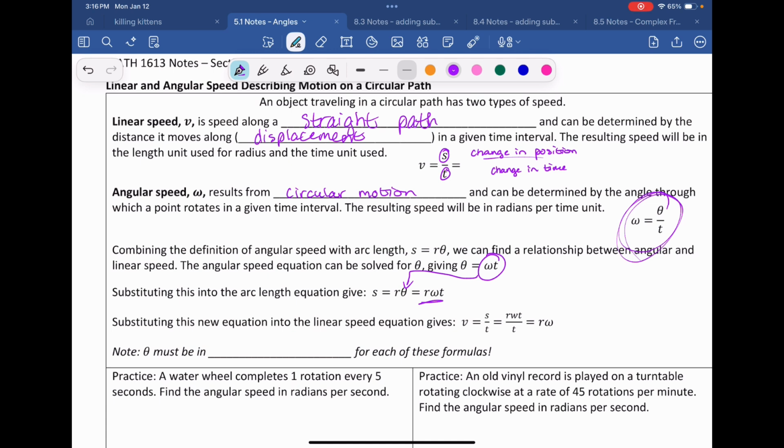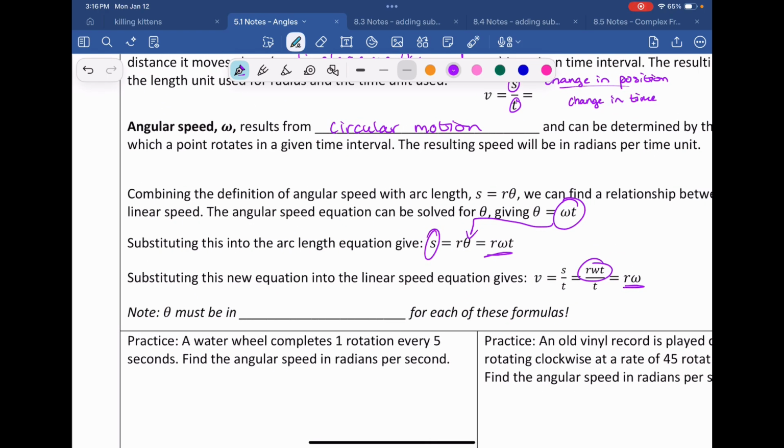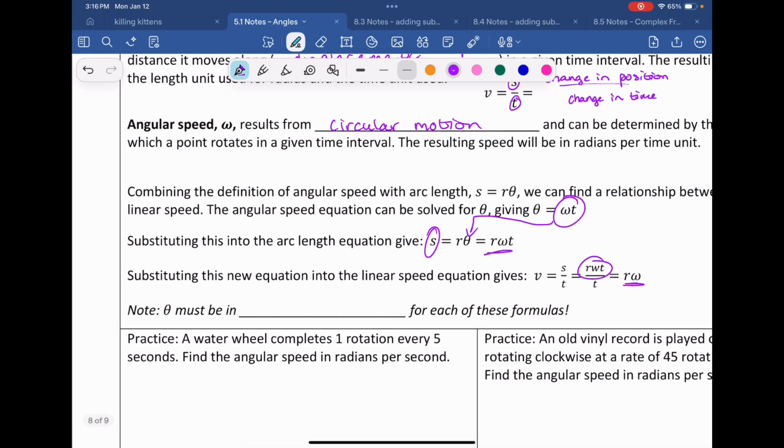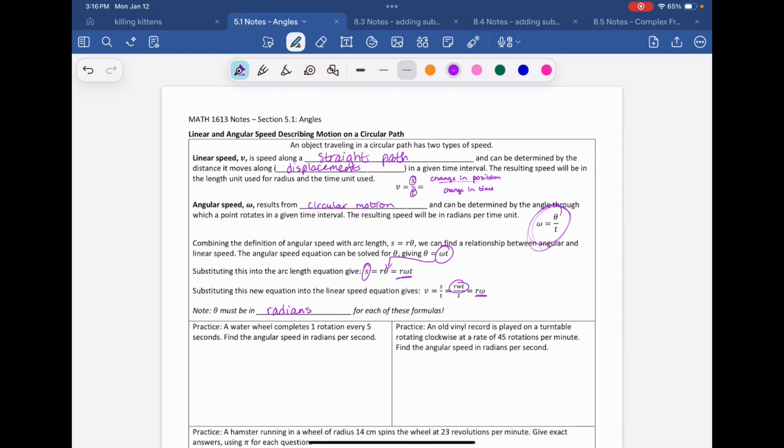And that relates to linear speed. Since velocity equals change in position over change in time, s being the change in position, oops, that should be an omega. Radius times omega times time, all over time. So radius times omega. That's a lot, but you can have these formulas. Theta must be in radians for each formula.